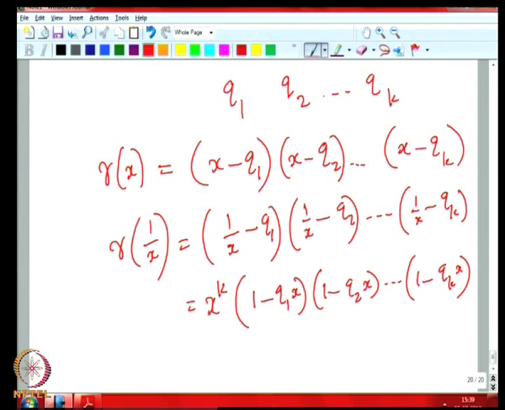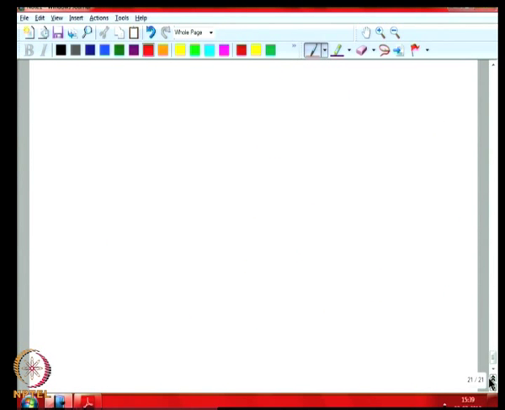But there is a relation between this and our q of x. What is the relation between this and the q of x? You can see that q of x is actually the reverse of the characteristic polynomial. So, let us write r of x and q of x together.